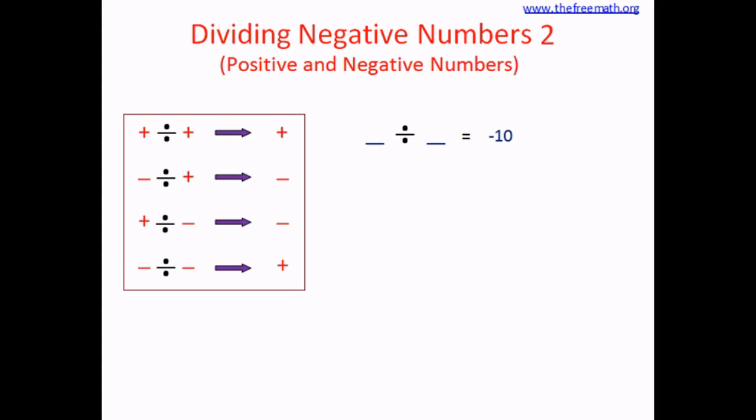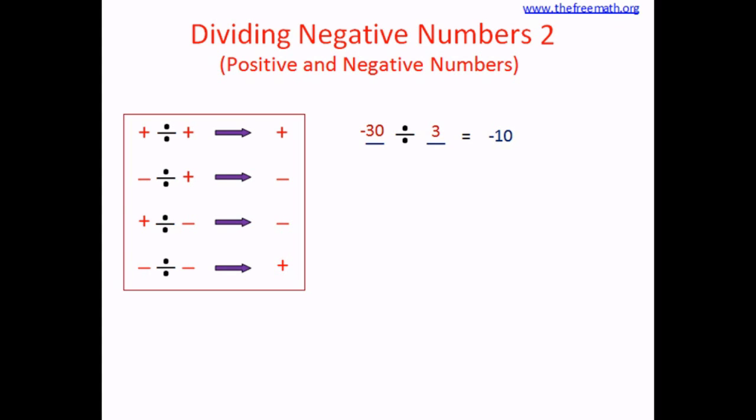How about 30 and 3? If you divide 30 by 3, you will get 10. But here the quotient is negative 10. That means you have to have one number positive and one number negative. So how about negative 30 divided by 3? Would that work? Yes, you can say negative 30 divided by 3 equals negative 10.